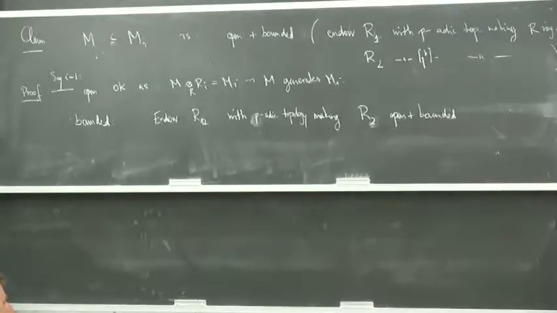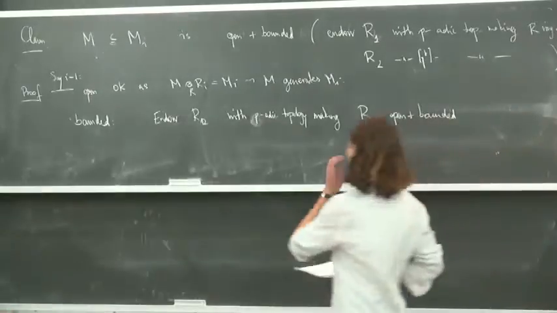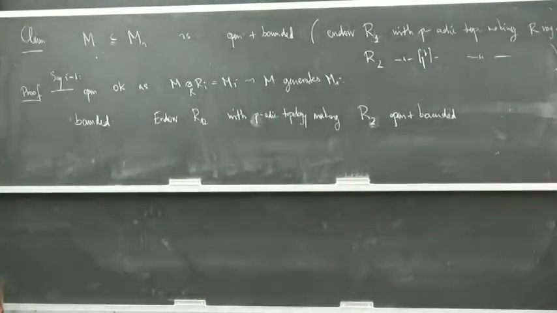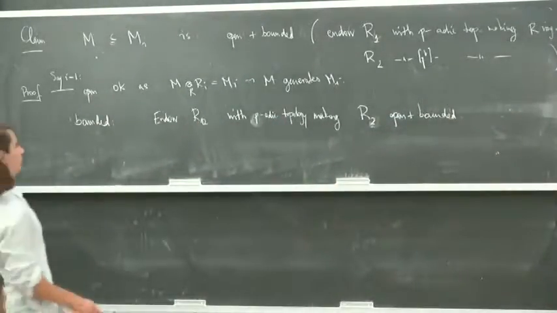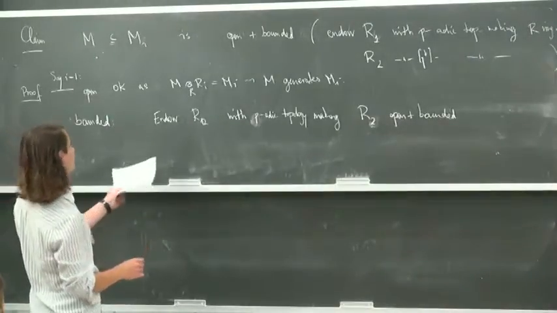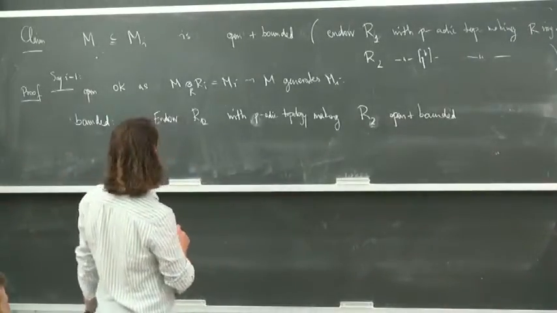And so some p power of any element in M1 will be in M. And so that proves it. In R2, I have an inverted p there, so it makes sense to endow it with this topology. Okay.